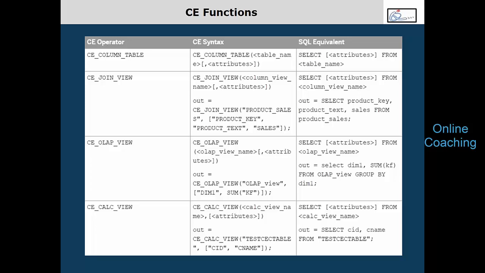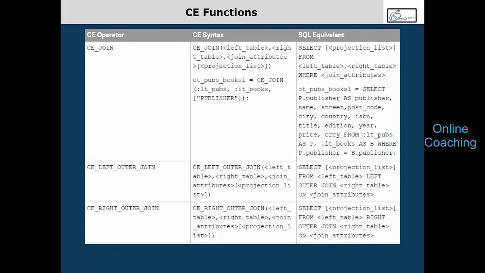Let's say you have activated a calculation view, it creates a runtime column view in the _SYS_BIC schema, and you want to read data from that column view, then we use a function or operator called CE_CALC_VIEW. Okay. So from either of these, whether you use CE_COLUMN_TABLE, join view, OLAP view, or calc view, you can read all the columns, or you can list out the columns you want also.